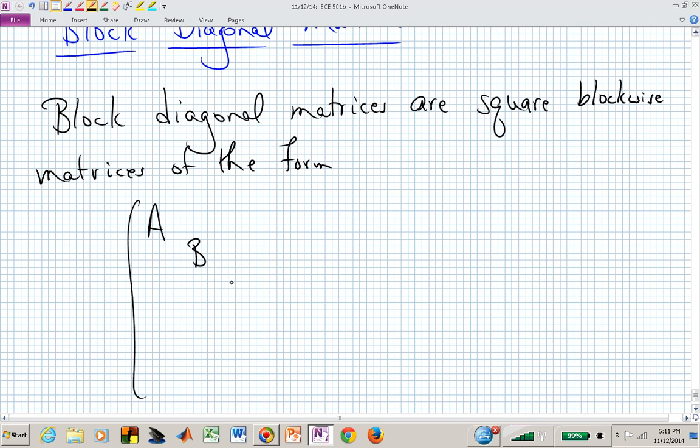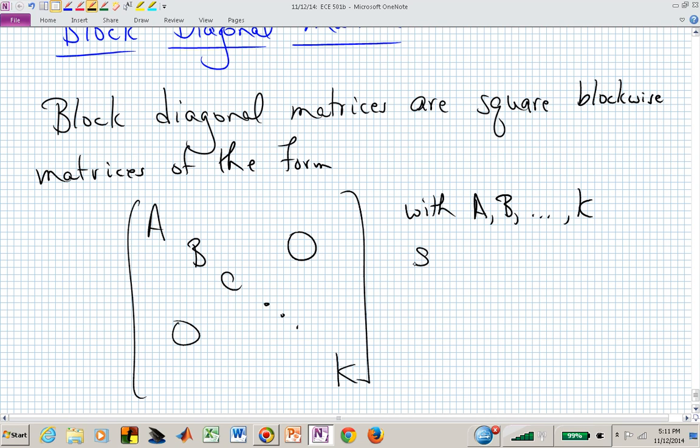A, B, C, I'm getting very creative, down to, let's say, K, and everything else is 0. With A, B, all the way to K, square submatrices on the diagonal.